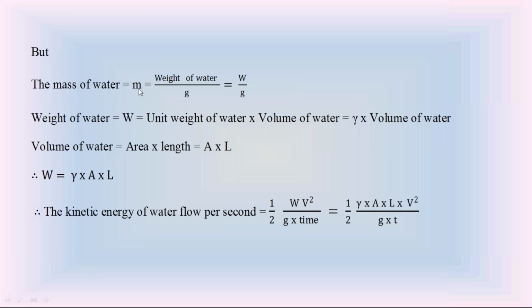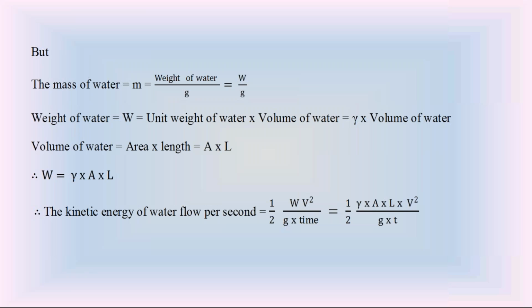Now, observe this. Mass m is equal to W by g, that is the weight of water divided by acceleration due to gravity. Now calculate the kinetic energy of water flow per second. As discussed in the beginning, the kinetic energy of water flow per second is equal to half mv square divided by time.